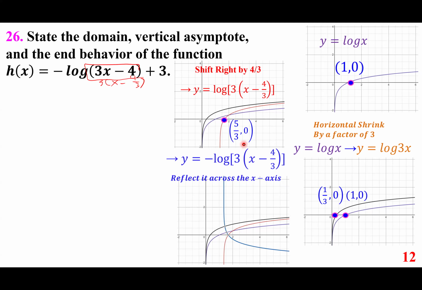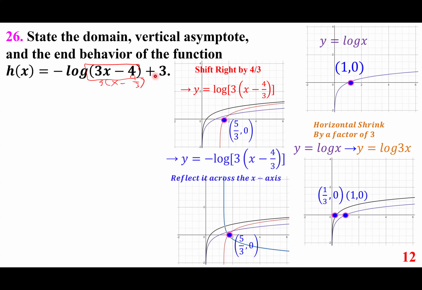And the result is that the x-intercept has the same coordinates, 5/3 and 0. So we are here.